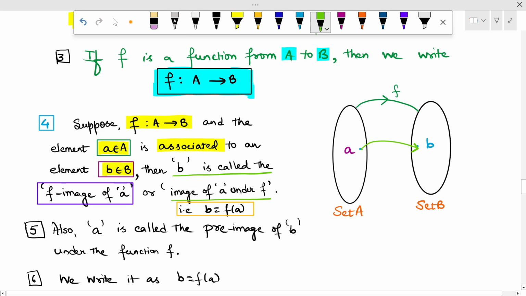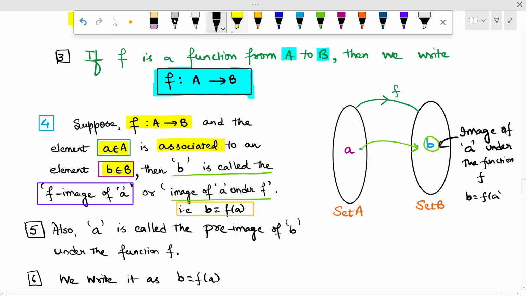Means this b is called the image of this element a under the function f. You can also write this b as b equals f of a.